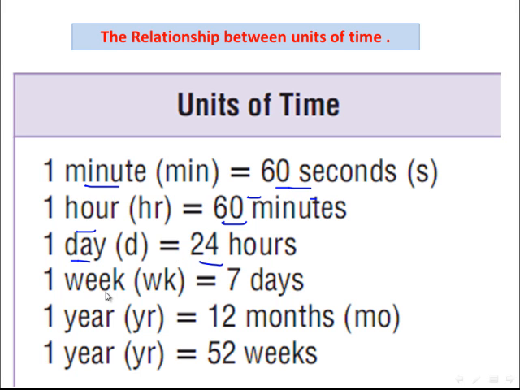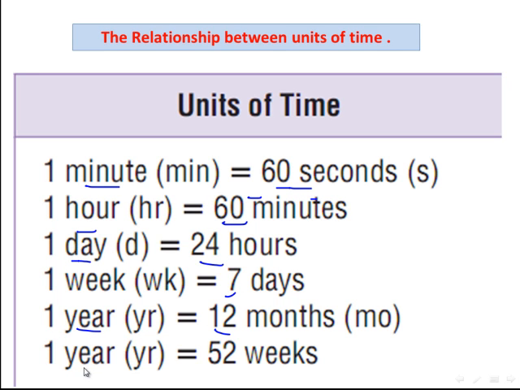And the fourth relation between week and days. How many days in 1 week? Exactly 7 days. And the fifth relation between year and month. How many months are there in 1 year? 12. Great. And the sixth relation between year and weeks.